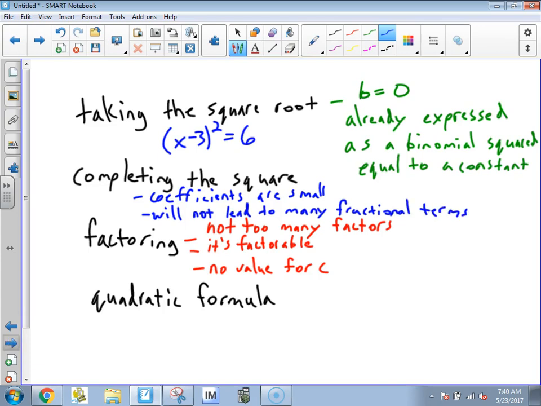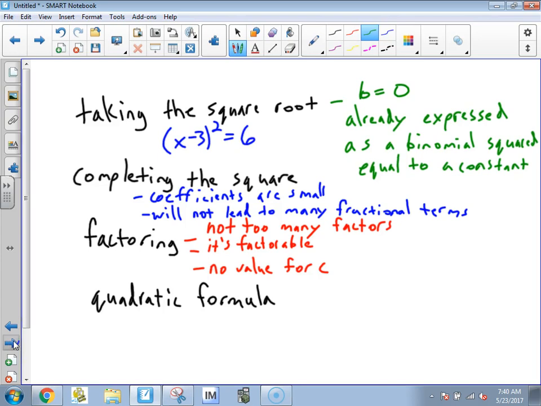Or I can go back to it. It says will not lead to many fractional terms. And coefficients are small. You also, of course, if you're trying to complete the square, you want to make sure that the number in front of the x squared is something that you can take the square root of.